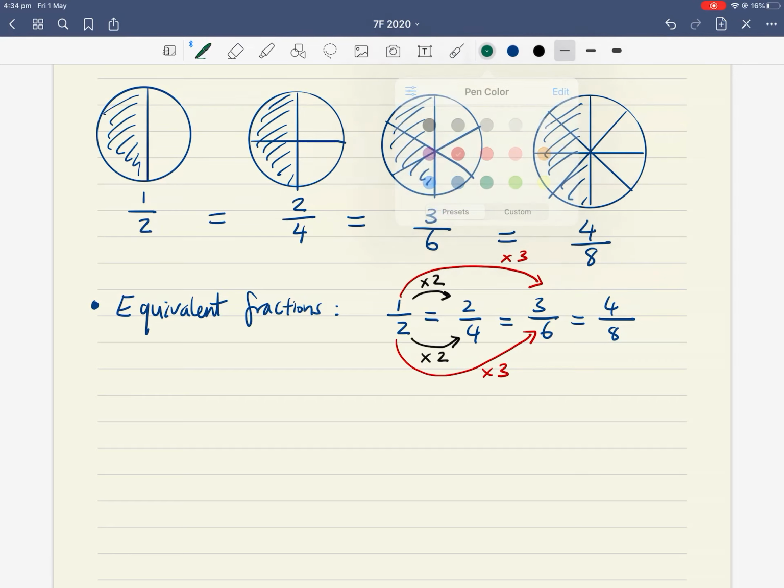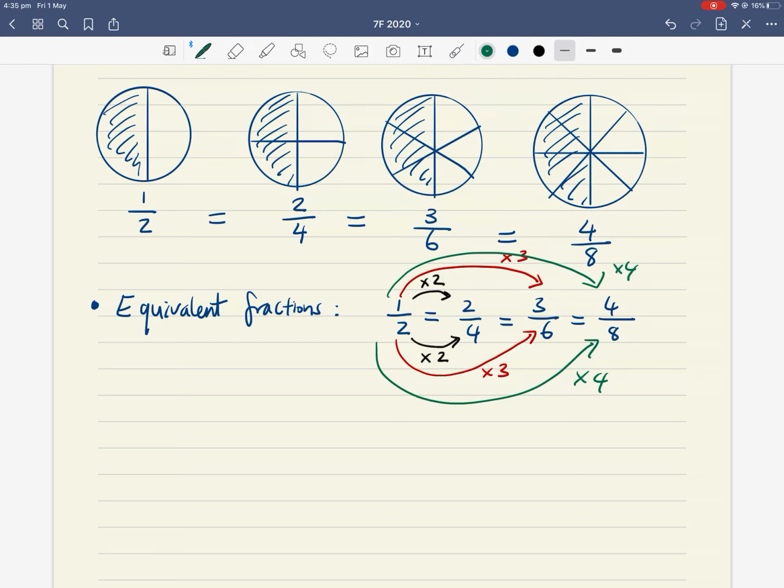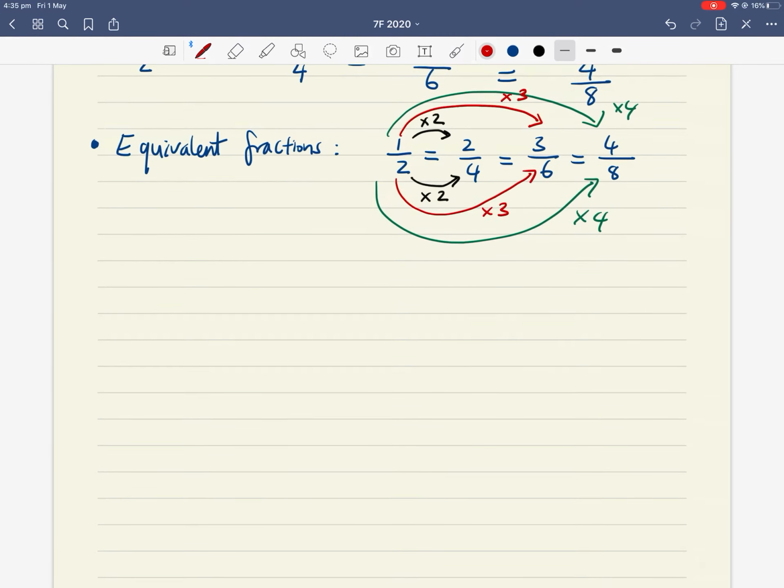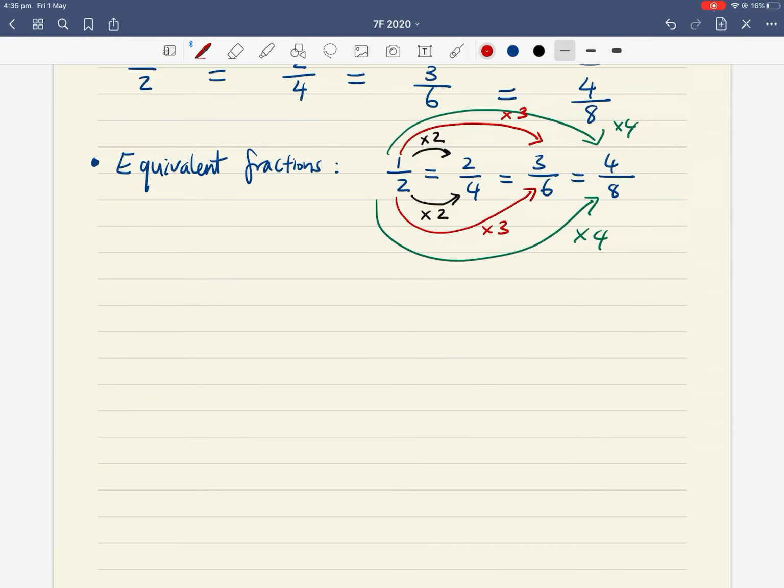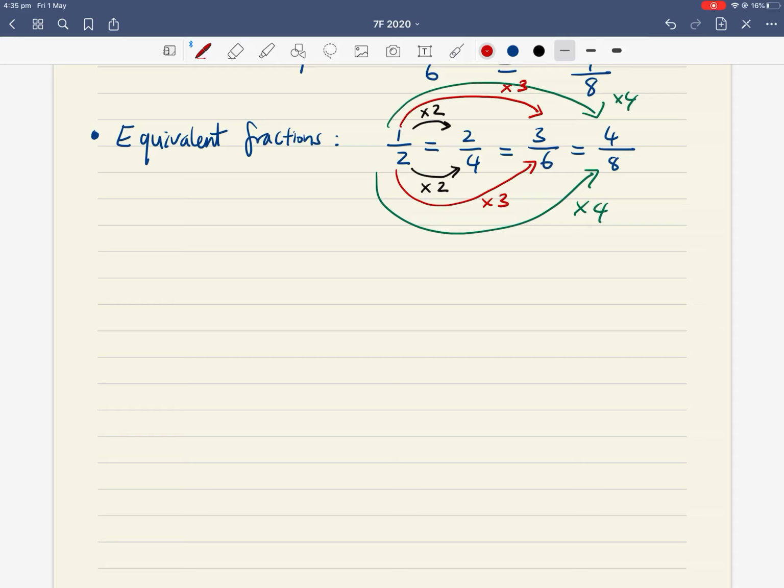And the same thing for your 4 out of 8. You multiply 1 by 4, and then you multiply 2 by 4, that same number. As long as you multiply the top and bottom by the same number, you will get an equivalent fraction. You can divide as well if you have a big fraction, but we'll talk more about that later. So if you multiply top and bottom by the same number, you will get an equivalent fraction.